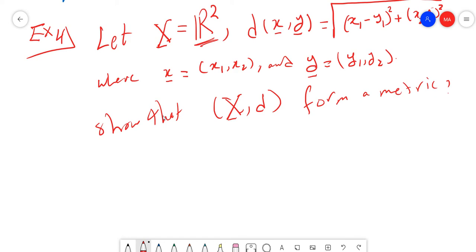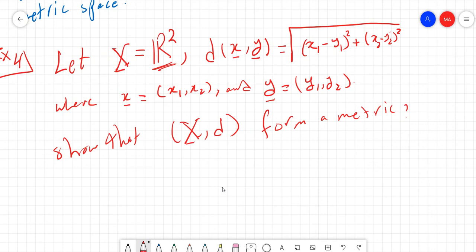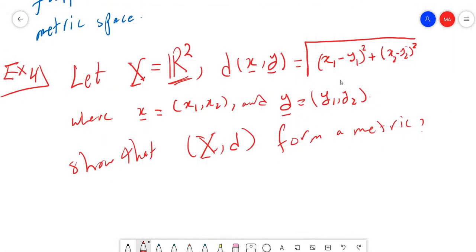The first two conditions clearly hold, right? The first one: this is always greater than 0 and equal to 0 if the vector x equals the vector y. So we are done with the first condition. The second condition also holds trivially.